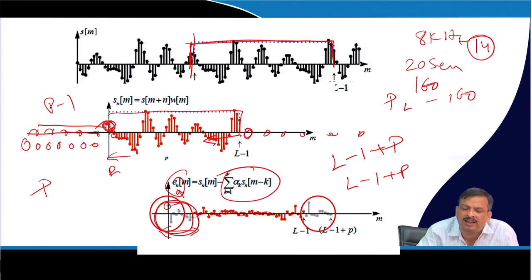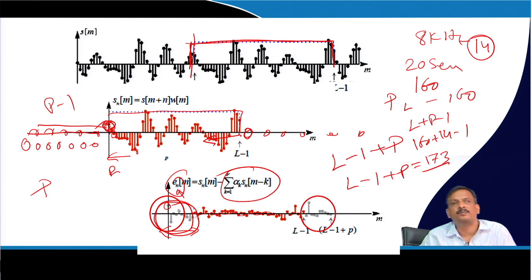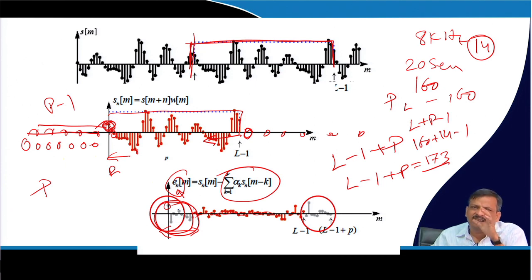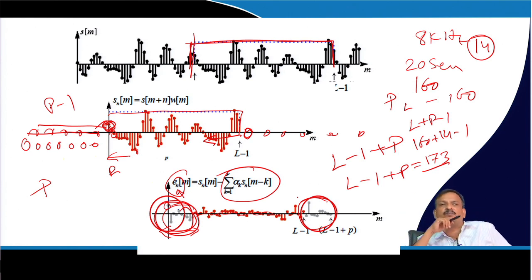It is L plus p minus 1, so 160 plus 14 minus 1, which is 173. So, if I cut the signal, the problem is that the prediction error in the beginning and in the end is maximum.